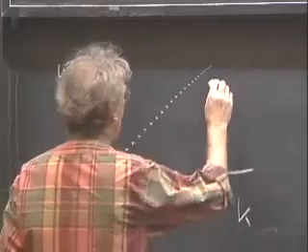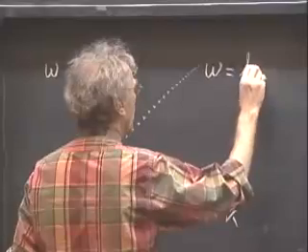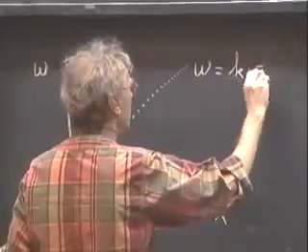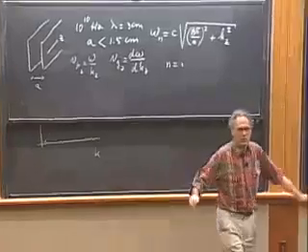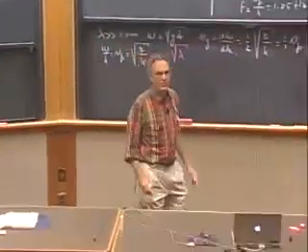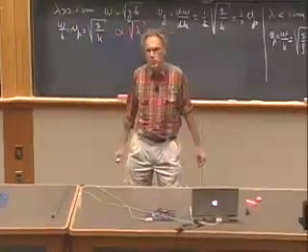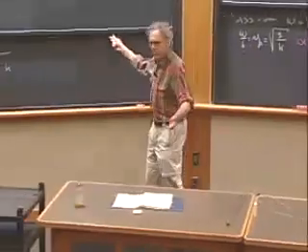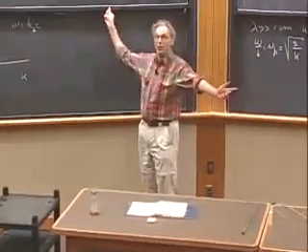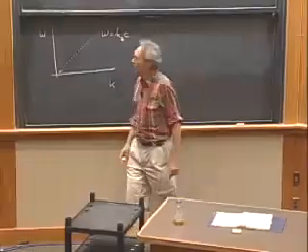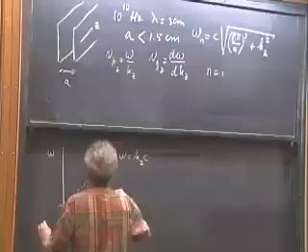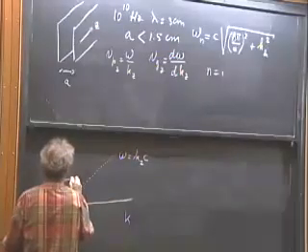I can write here omega equals kz times c. That is the case when k is huge, very short wavelengths, way shorter than the dimension of the pipe. Then that system acts like a non-dispersive medium. But if you go to low frequencies, this is the curve.